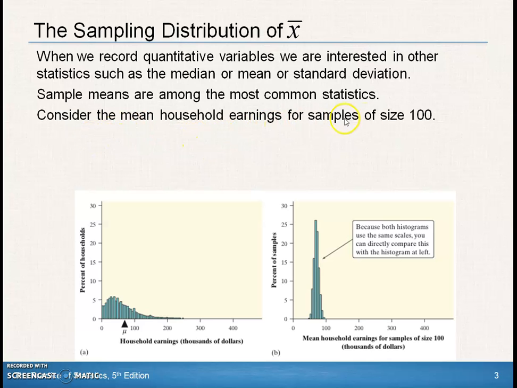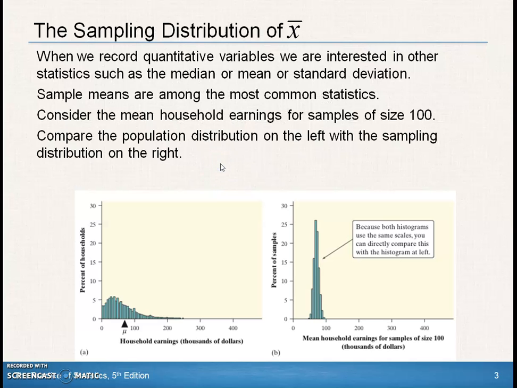Consider the mean household earnings, sample size 100. That's this side. Compare the population distribution on the left with the sampling distribution on the right. They took this population and grabbed a bunch of different samples of size 100, found the mean of each of those, and that was the data that they used to graph this.